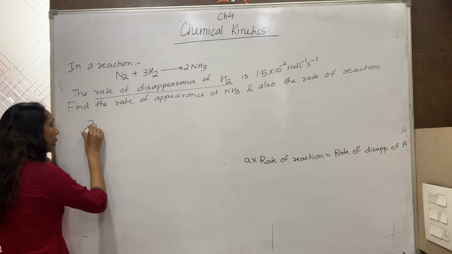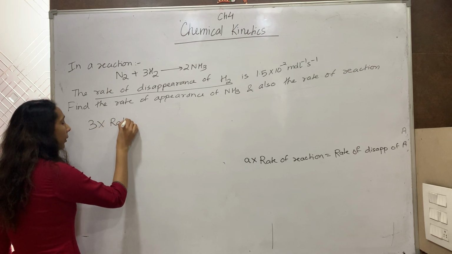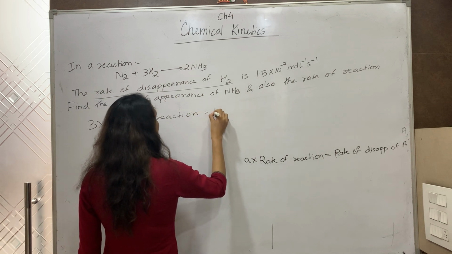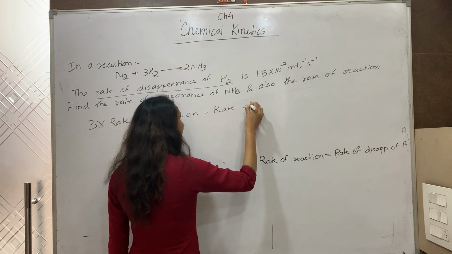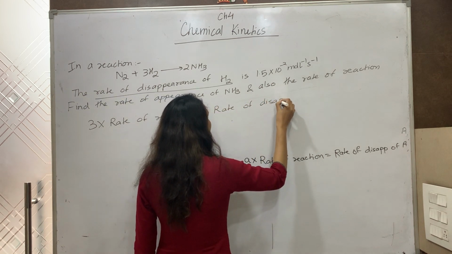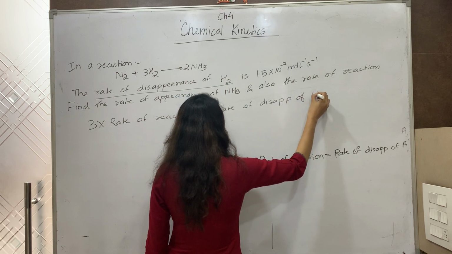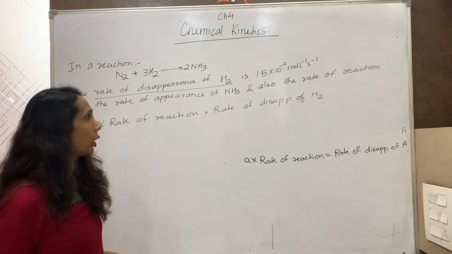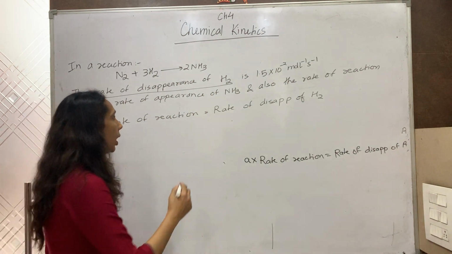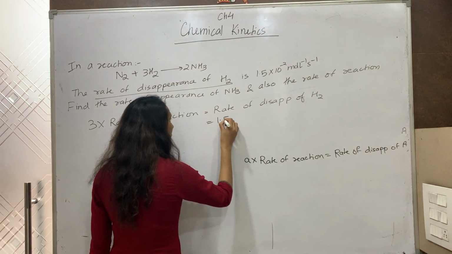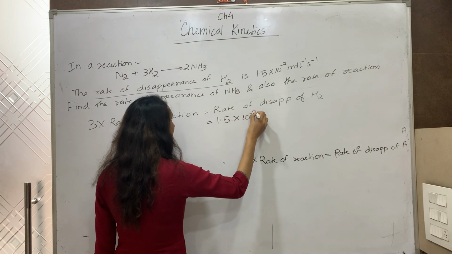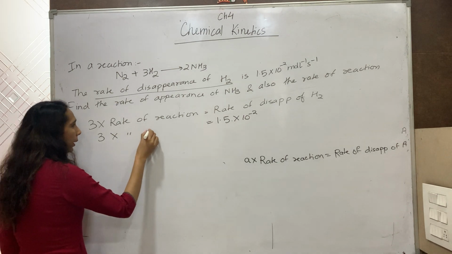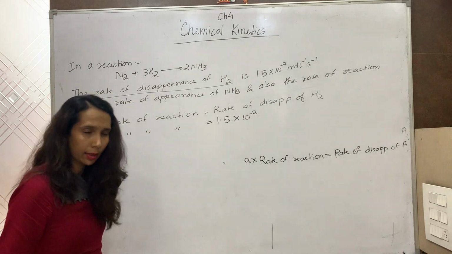So I can write 3 multiplied by rate of reaction is equal to rate of disappearance of H2. And in the question, the rate of disappearance of H2 is given to us. What is it? 1.5 into 10 to the power minus 2. So 3 multiplied by rate of reaction is equal to this.